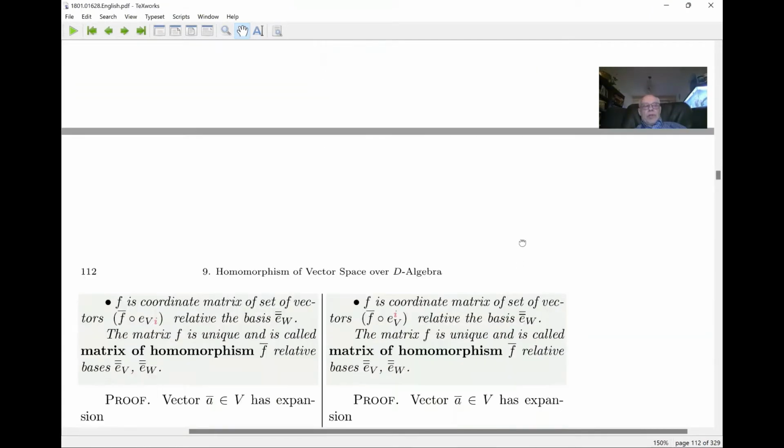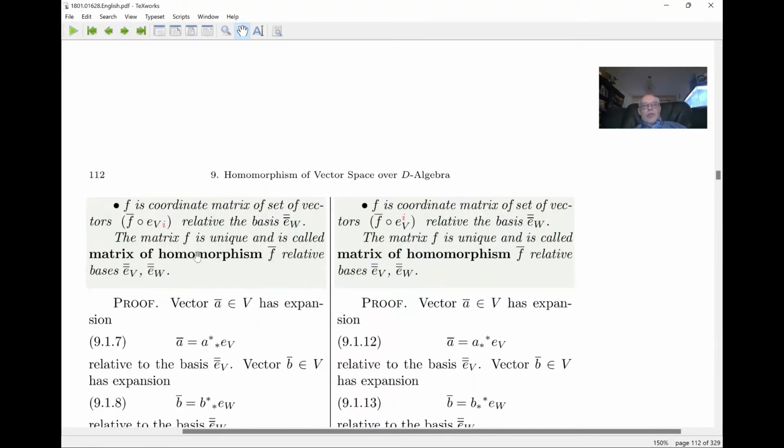F is coordinate matrix of set of vectors of image vectors e_V related to the basis e_W. The matrix F is unique and is called matrix of homomorphism F relative to basis e_V, e_W.